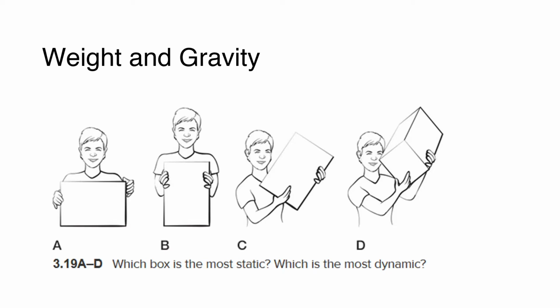We can define visual weight in two ways. First, weight refers to the inclination of shapes to float or sink. Second, weight can refer to the relative importance of a visual element within a design.